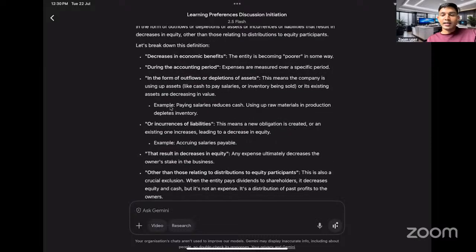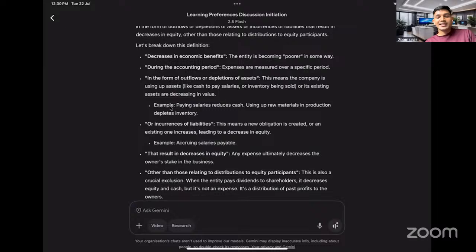The entity is becoming poorer in some way. During the accounting period, expenses are measured over a specific period in the form of outflows or depletions of assets. This means the company is using up assets like cash to pay salaries or inventories are sold, or its existing assets are decreasing in value.